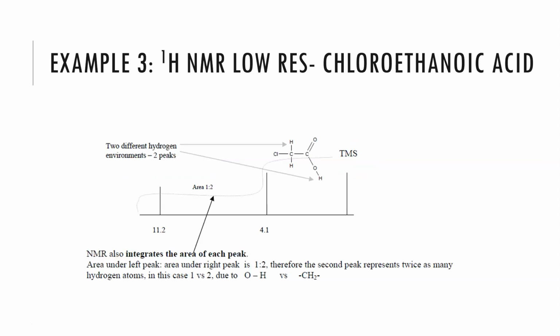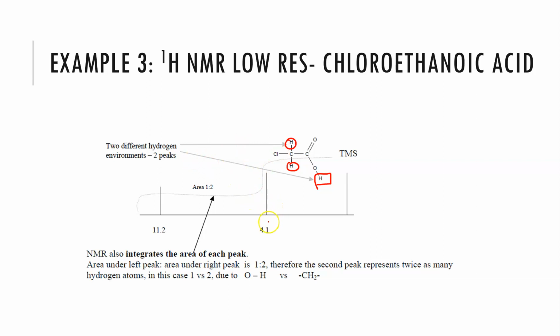So if we have a slightly more complicated molecule of chloroethanoic acid, we can see here that these hydrogens are going to be different to this hydrogen. This hydrogen here is attached to an oxygen of a carboxylic acid, while these are 2 hydrogens on a CH2. This means I have 2 environments. I will see 2 peaks.